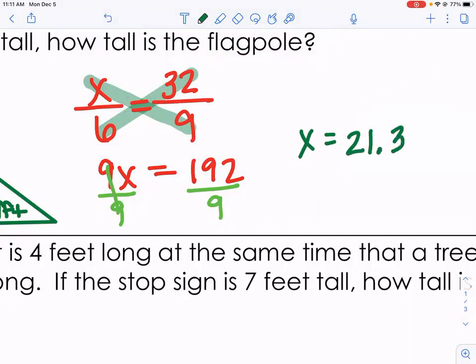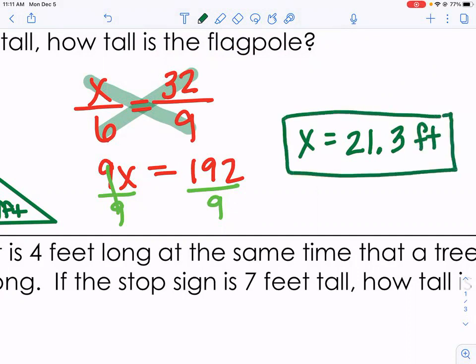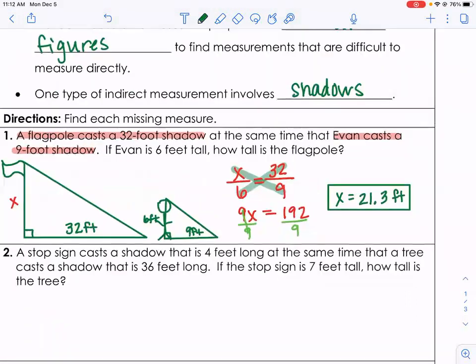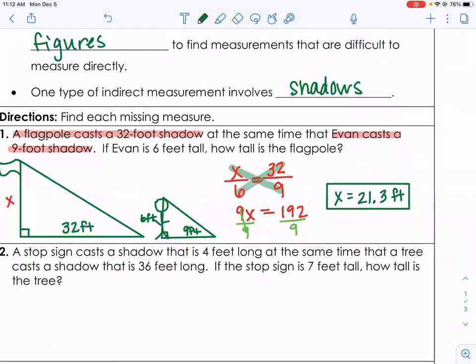There's repeating threes. You can put a line over it. So I'm just gonna call it 21.3. I'm just gonna round to one decimal place. Okay, now, why did I put feet? Every other measurement that I gave you was in feet. So when I solve for the missing measurement, it's also in feet.